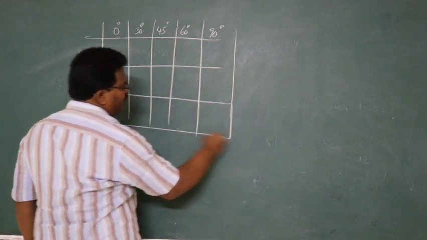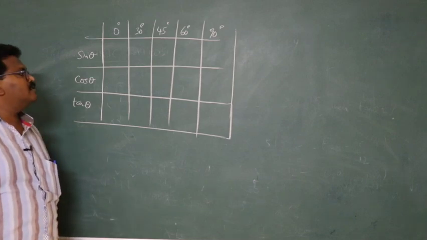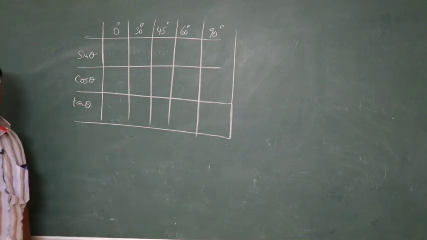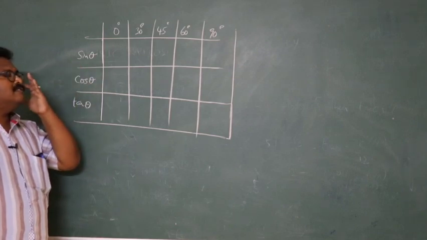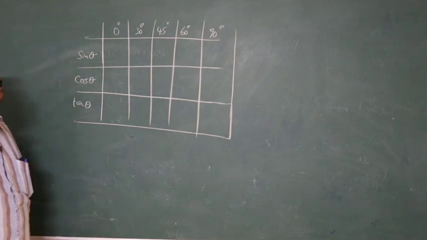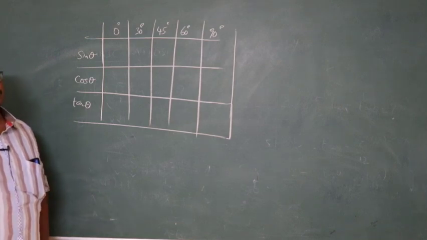This is a very important table. We have to learn this by heart, we have to remember this. So what is sine 0, what is sine 30, what is sine 45, what is sine 60 and what is sine 90.